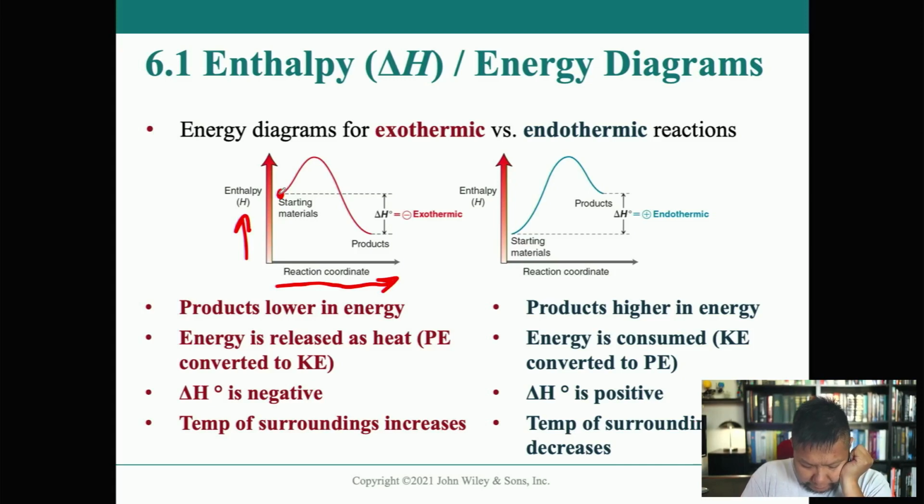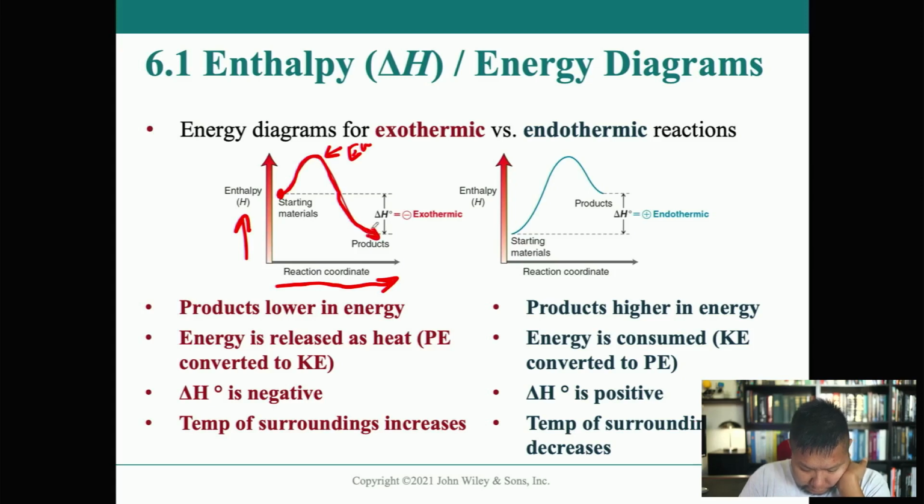As the reaction progresses, it goes up over this hump, which we'll learn a lot more about later, called the EA, or the activation energy. After it gets over that hump, it starts to form the products.